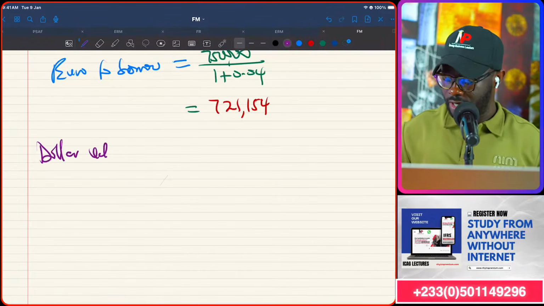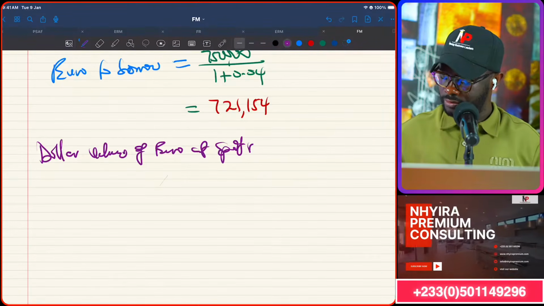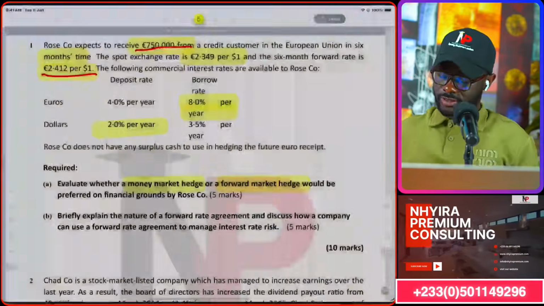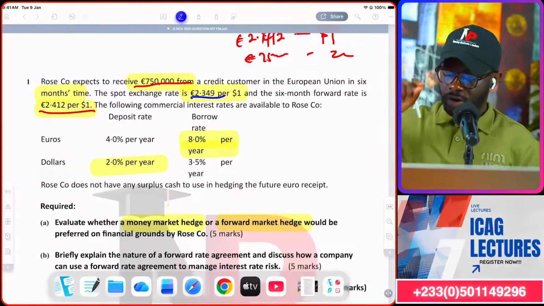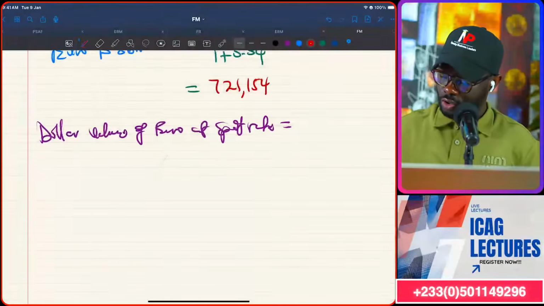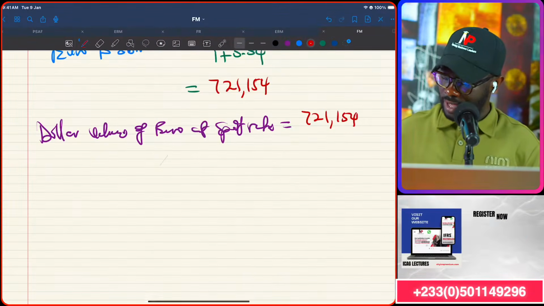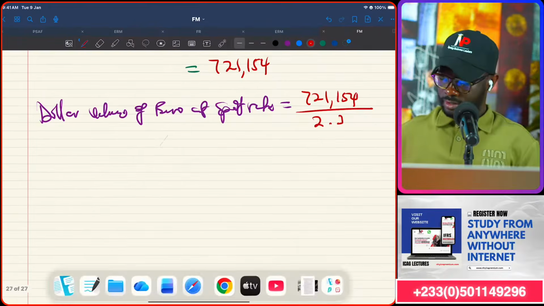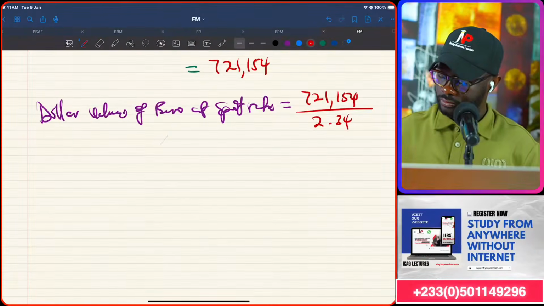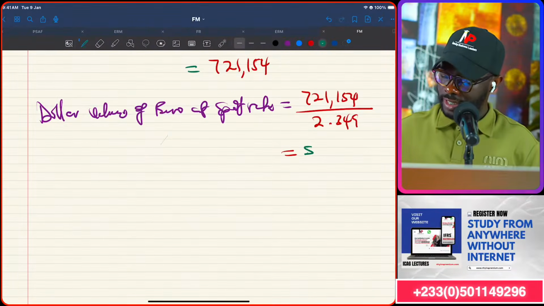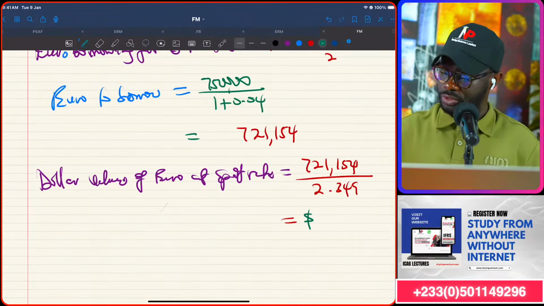So the dollar value of the euro at a spot rate. Our spot rate right now is 2.349. So 721,154 divided by 2.349. So in dollars, how much do we have at our disposal right now?